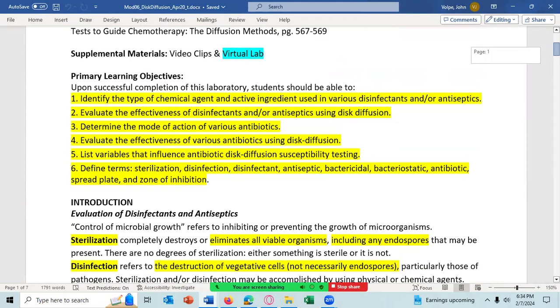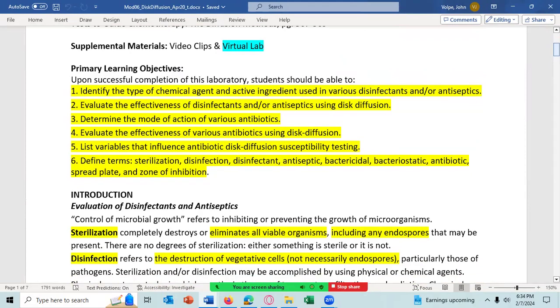All right, the learning objectives. Be able, one, to identify the type of chemical agent and the active ingredients used in various disinfectants and/or antiseptics. Two, evaluate the effectiveness of disinfectants and/or antiseptics using the disc diffusion method. And we'll talk about that in this lab, the disc diffusion method. Three, determine the mode of action of various antibiotics.